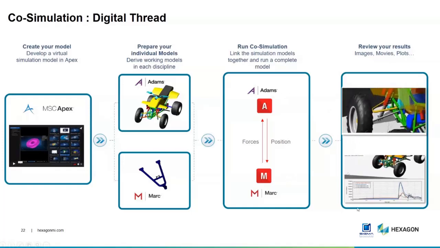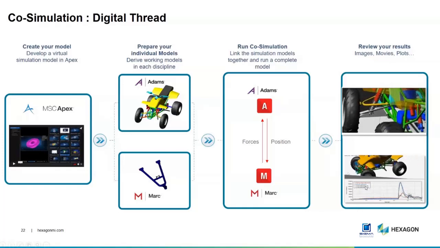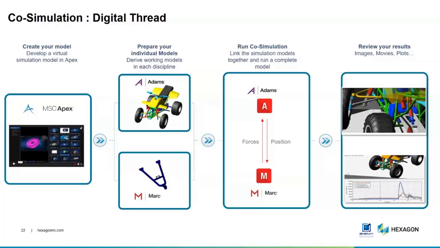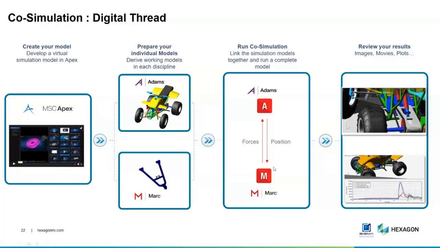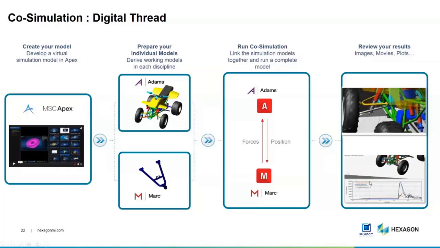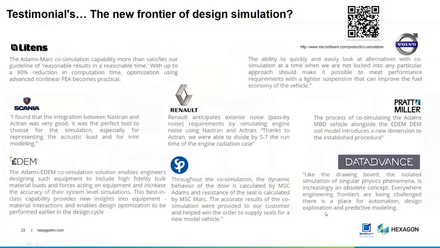You can then see it either using the Mentat user interface or the Adams GUI, or a common platform like CI Insight, where you can see both the Adams results as well as Marc results in one unified GUI. We have various use cases and case studies for rubber products as well.